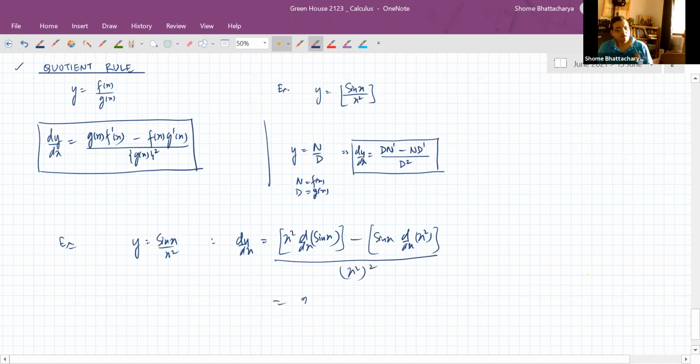So it will become x square cos x minus 2x sin x divided by x to the power 4. Okay. So this is what our dy by dx will be.